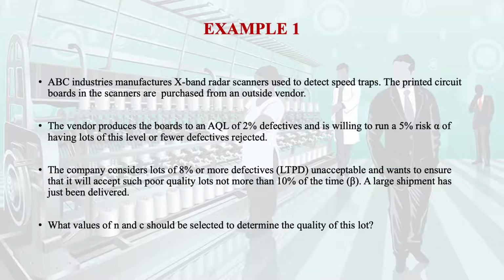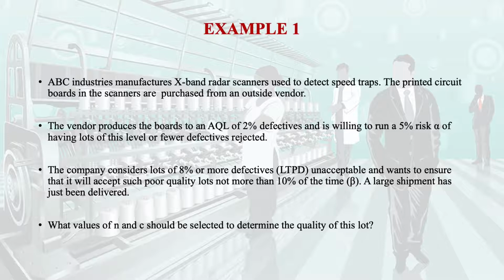Now we are taking one example. There is one company which is making printed circuit boards. The vendor produces the board to an AQL of 2% defective and is willing to run a 5% risk, alpha, that is the producer's risk, of having lots of this level or fewer defective rejected.